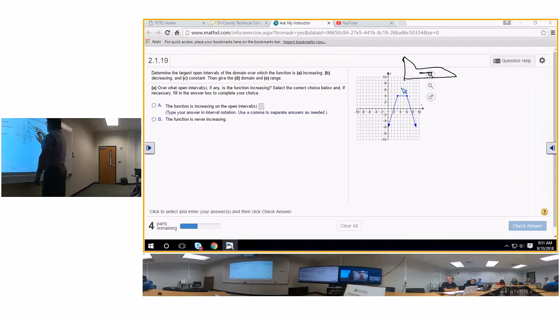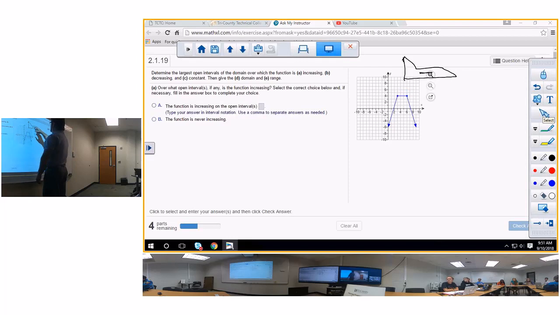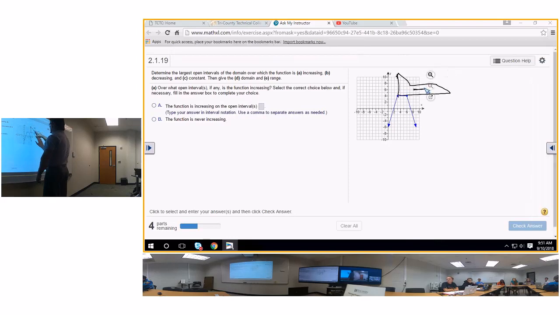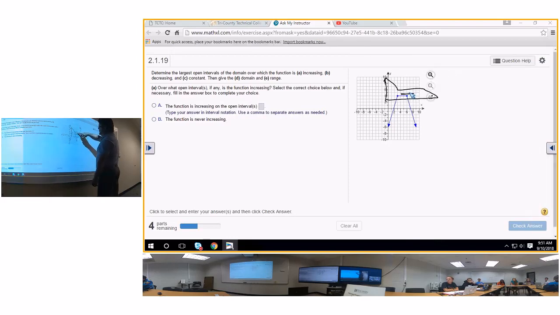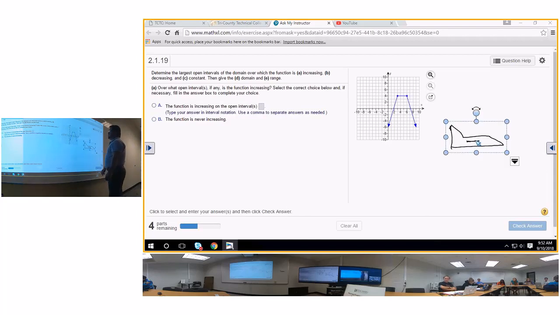And then what's it doing from 6 to infinity? Decreasing. From 6 to infinity is decreasing. Is it a function?